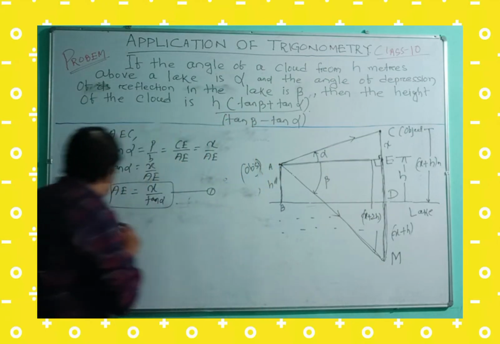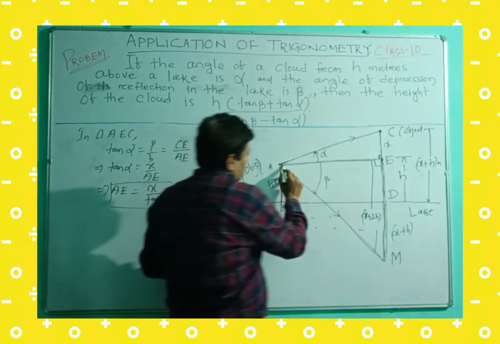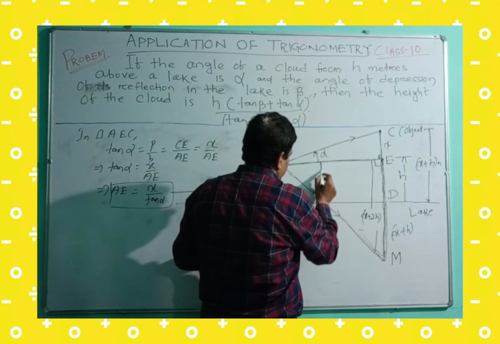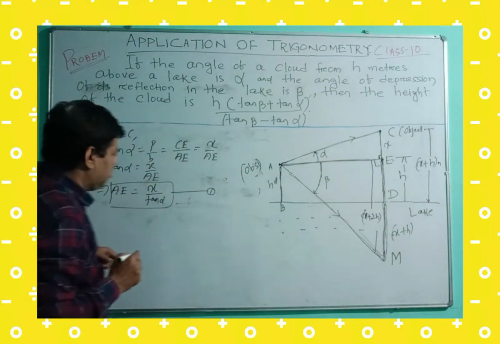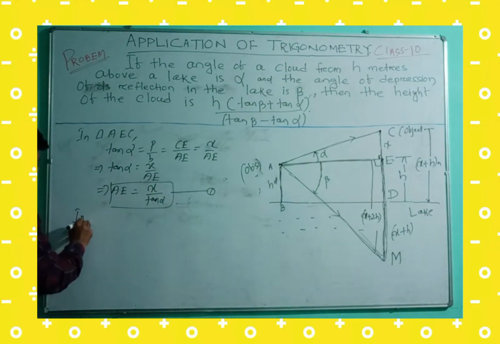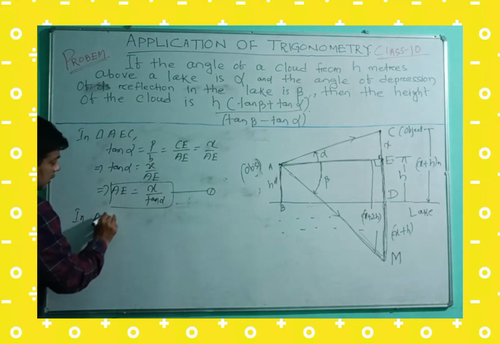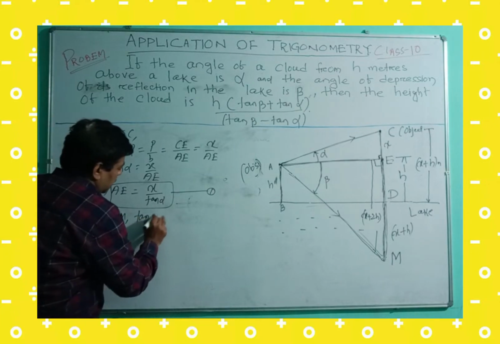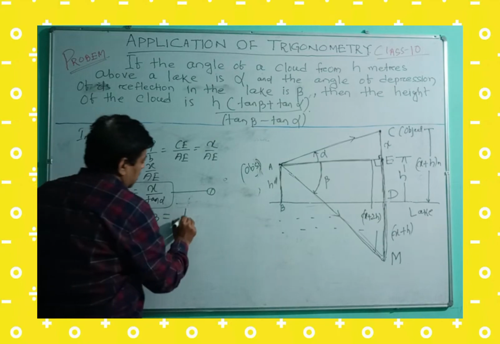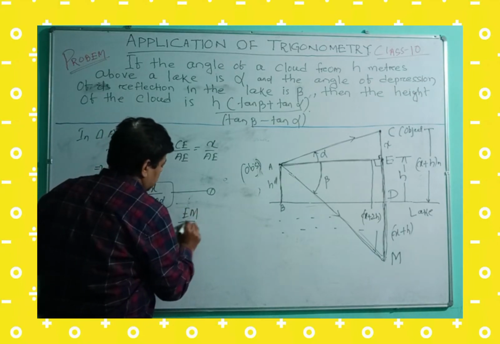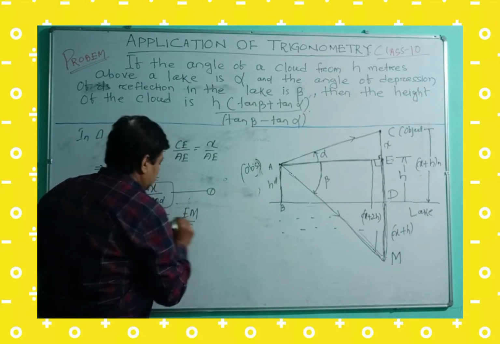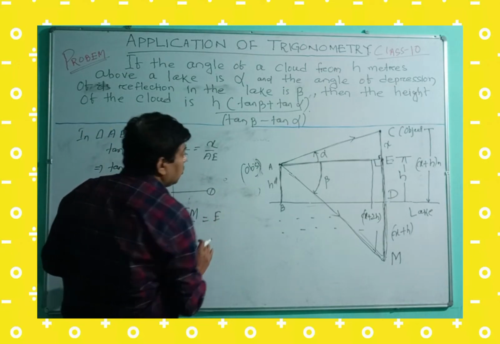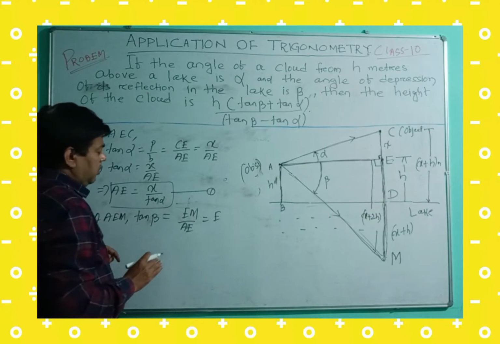Now you see another right angle triangle, which is AEM. In the right triangle AEM, what is tan beta? Tan beta is equal to the perpendicular by the base.